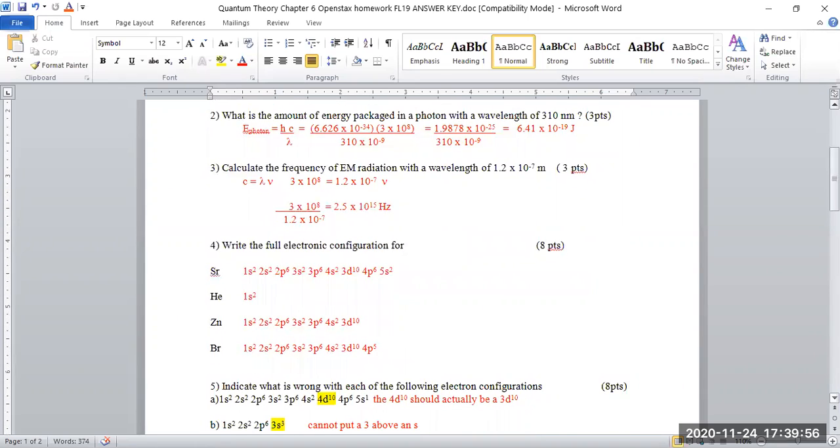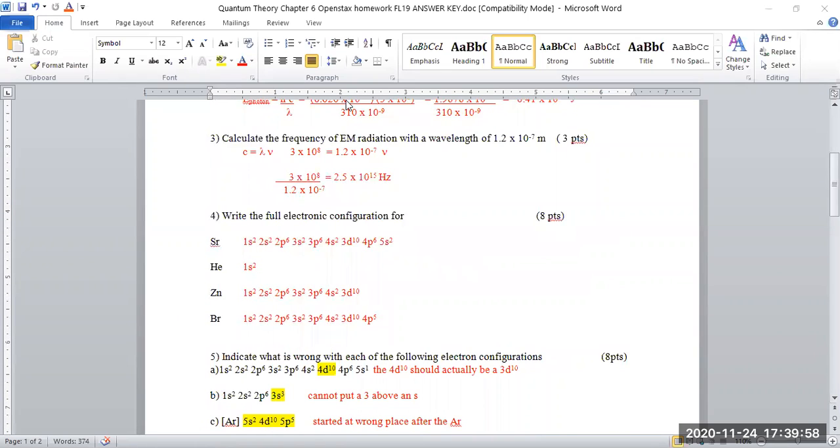Please note that the instructions there for number 4 say write the full electronic configuration. This was supposed to indicate to you that you should not use noble gas notation. As I said in notes and also in lecture last week, I am not particularly fond of noble gas notation.